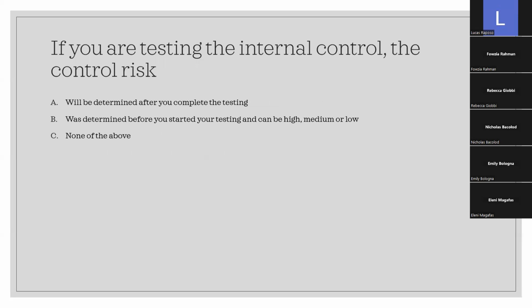If you're testing the internal control, the control risk will be determined after you complete the testing, was determined before you started your testing, and can be high, medium, or low, or none of the above. Which one?